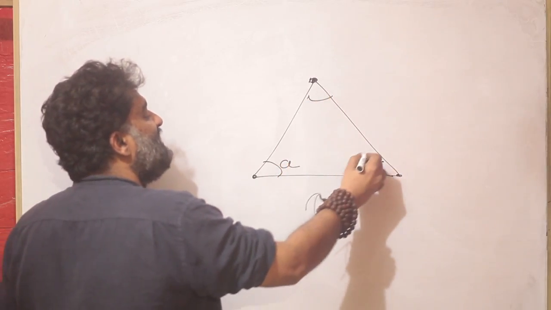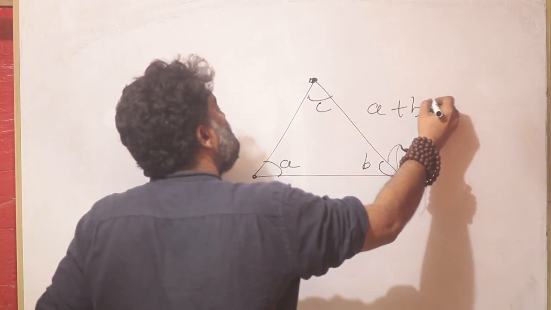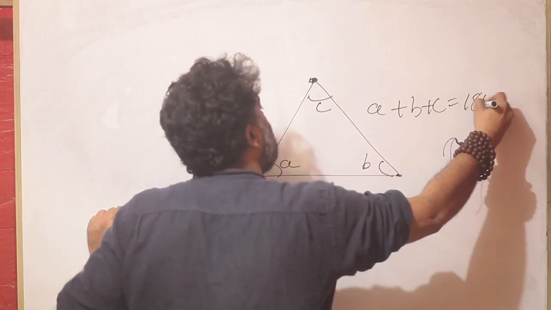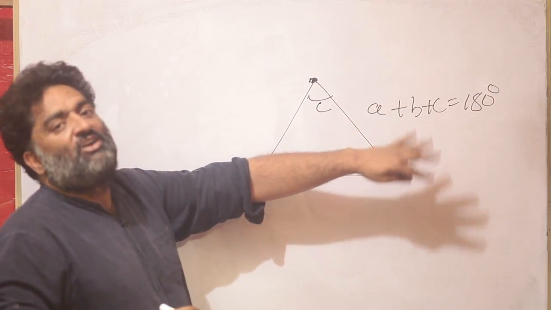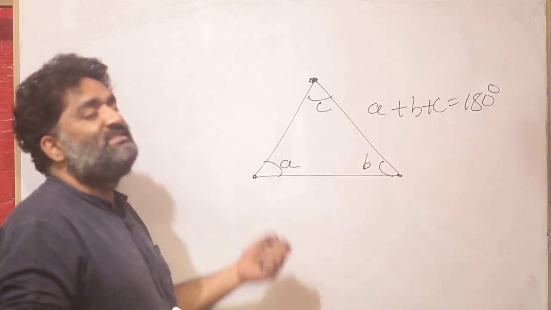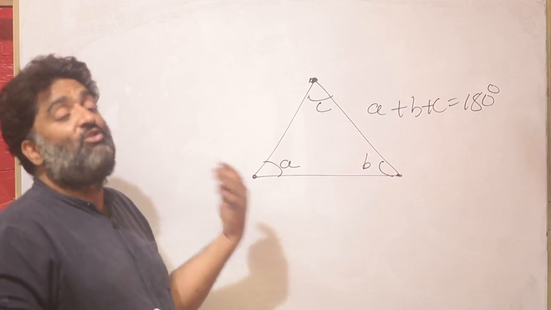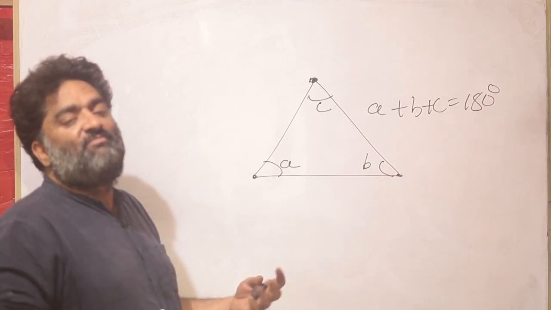If this is angle A, this is angle B, this is angle C, I know angle A plus B plus C is equal to 180 degrees. Or I have seen this somewhere, or I have heard of this at least. So this is a result, but we obviously want to prove it. How do I know that this is going to be 180 degrees? And what is the logic behind it?